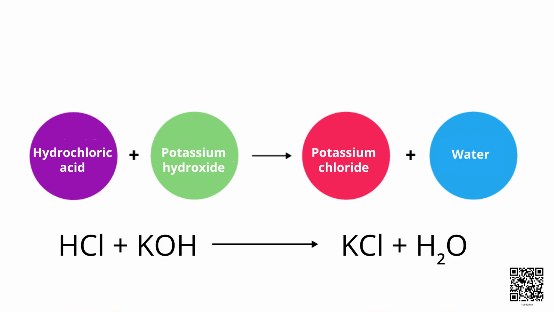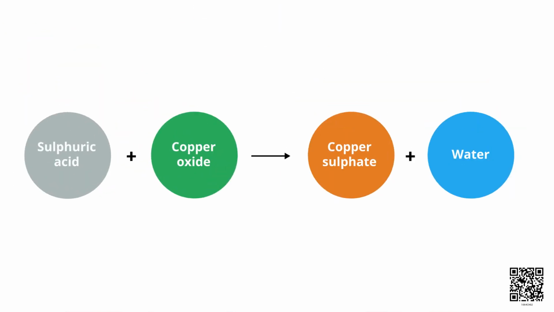Take another example, and in this, instead of dilute hydrochloric acid, we will take dilute sulfuric acid. So, if we react dilute sulfuric acid with copper oxide, then we will get copper sulfate and water.